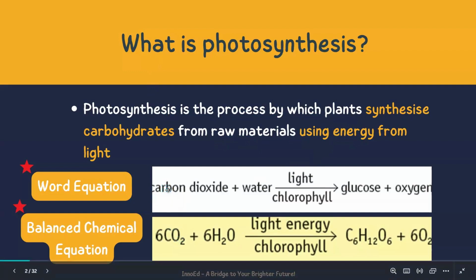When the exam question asks you to write the word equation, you must make sure that the substrates and the products are totally correct. This is also the same for the balanced chemical equation. So you have to write the symbol of the molecules correctly and also the coefficient number 6 here.